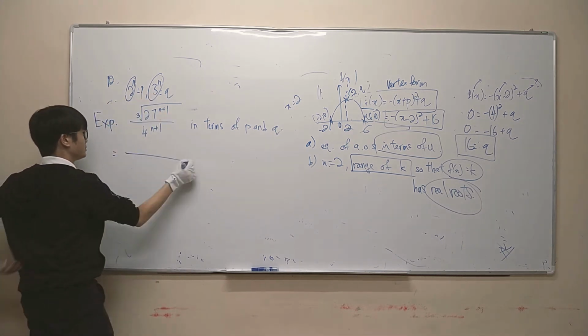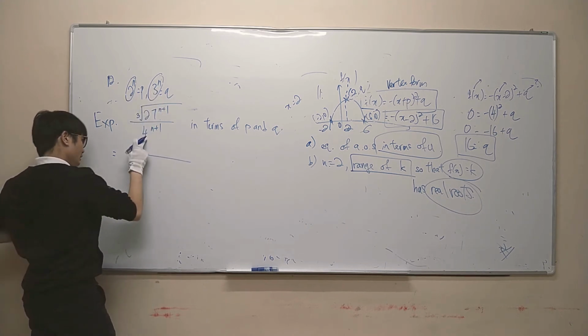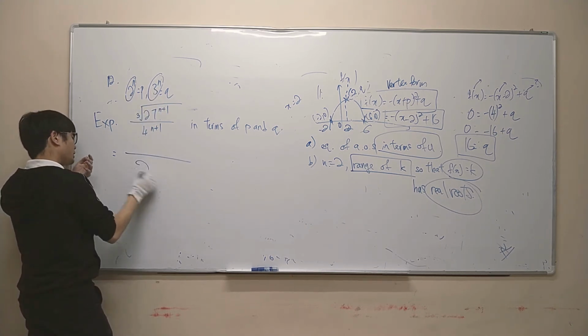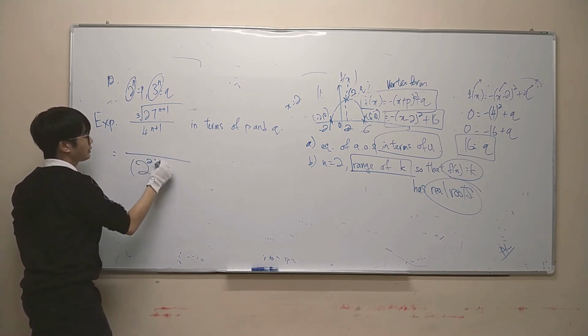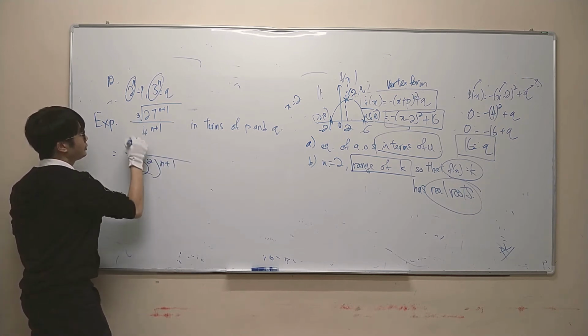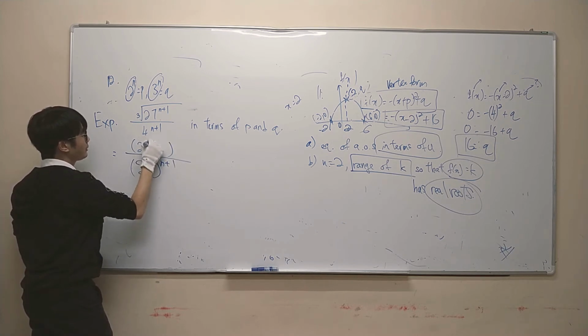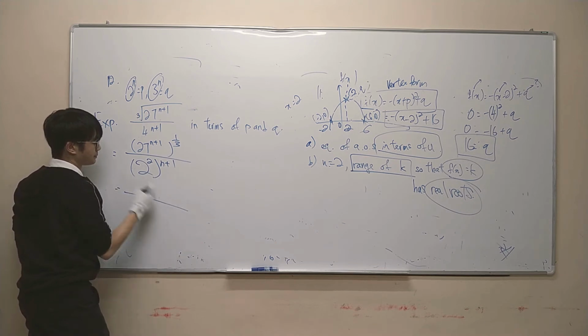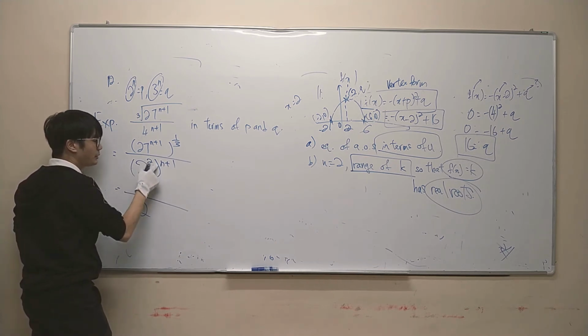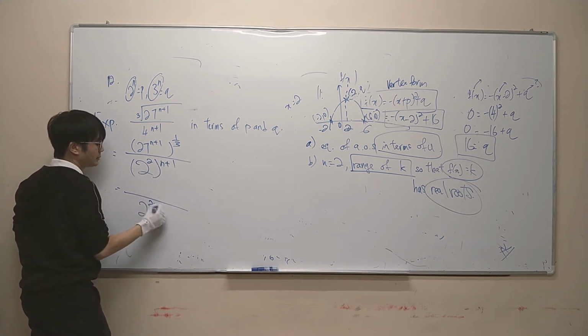Okay, so what do you do? Ini base 2, base 3. So, 4 boleh tukar jadi base 2 lah. 4 is what? 2 power 2. So, it's 2 power 2 power n plus 1. Cube root means what? Cube root means power 1 over 3. So it becomes 2 power, okay, times, right? If 2 power something is times, so 2n plus 2 here.